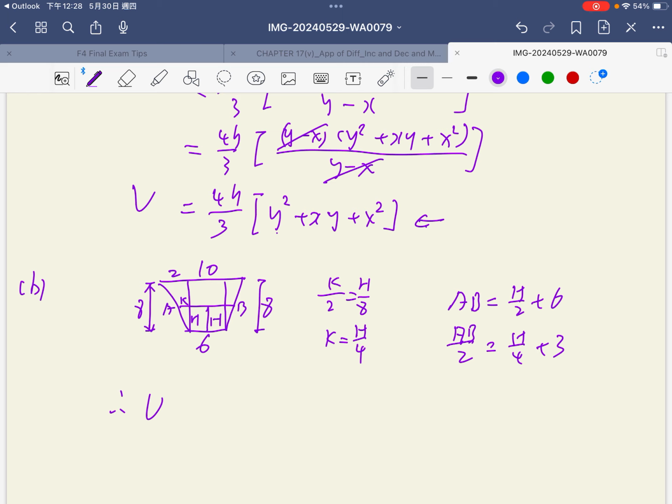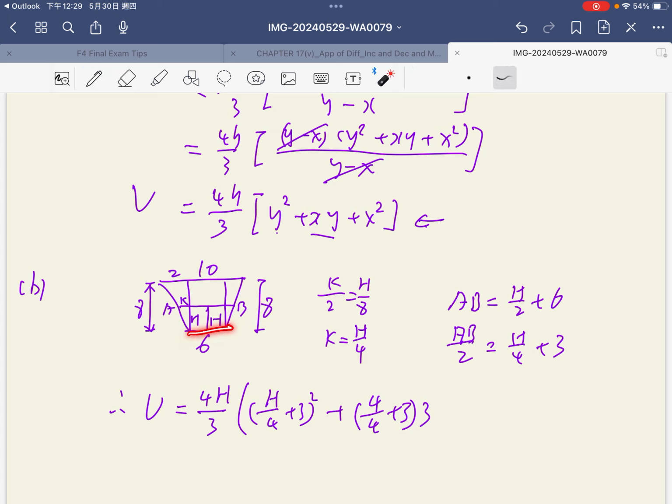Therefore, the volume of the water should be 4 times capital H over 3 times (H over 4 plus 3) squared, plus XY. The lower part, 6, is equivalent to X equal to 3.